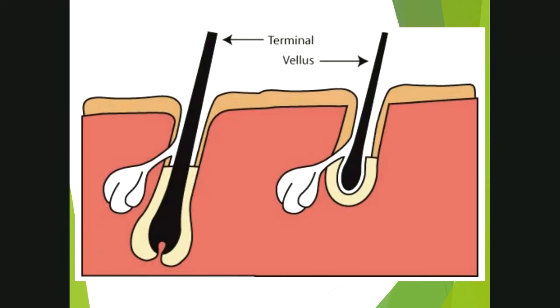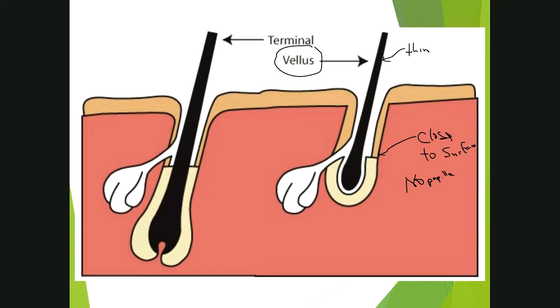Well, look, they look very different. Vellus hair is very thin, it's tiny, but another thing that's different about it is it's very close to the surface. And look, there's no papilla. No papilla. And so this hair grows much, much slower than the other hair.